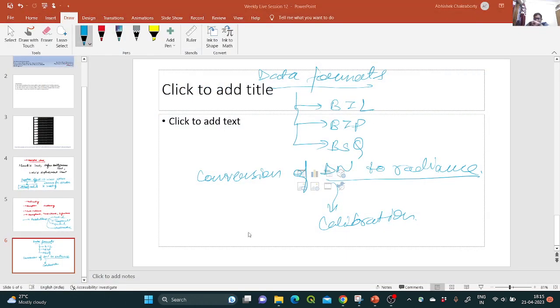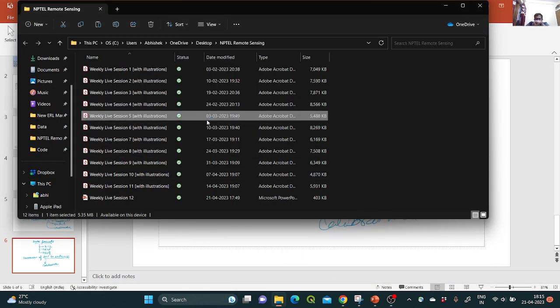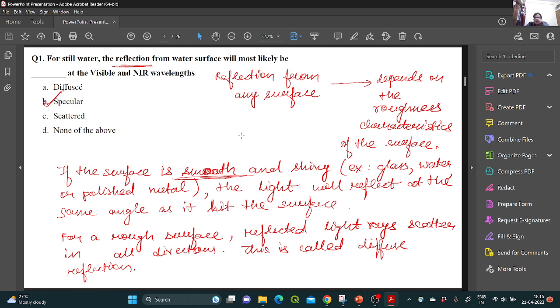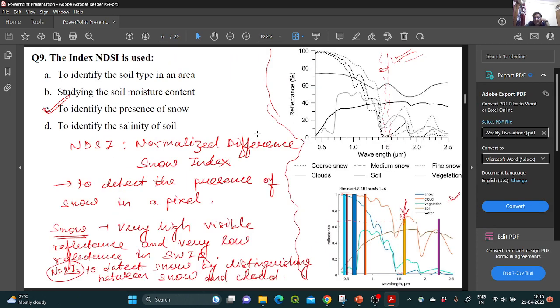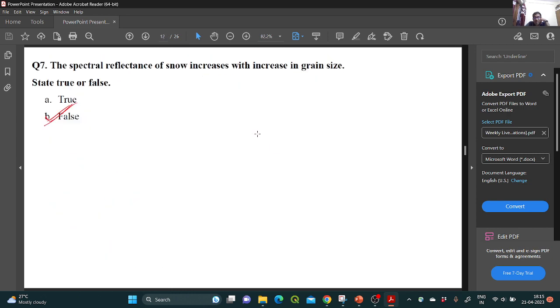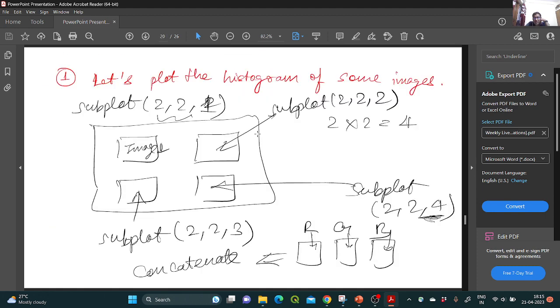Now let's move to weekly live session 5. Okay, so we understood the reflectance features, and again the vegetation indices were covered in detail in this part. Vegetation indices and reflectance features.